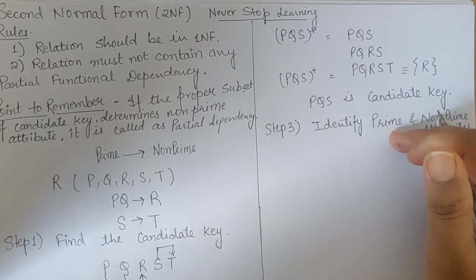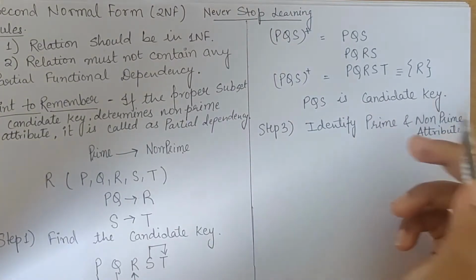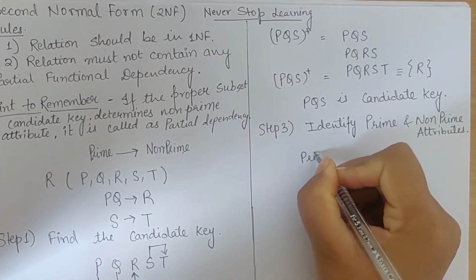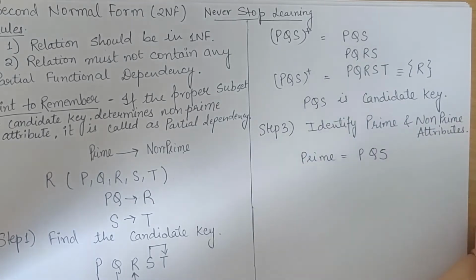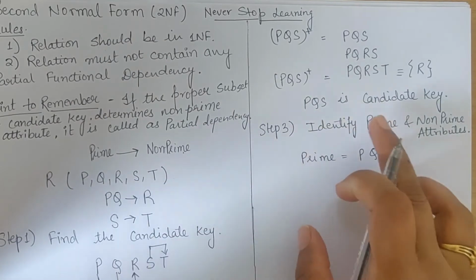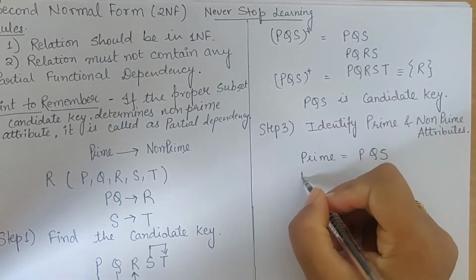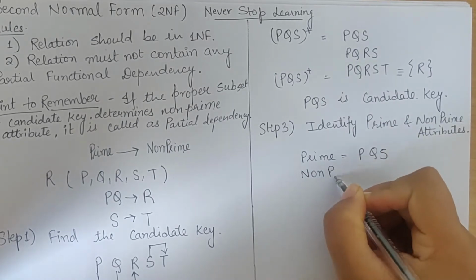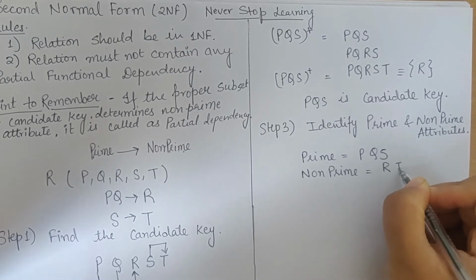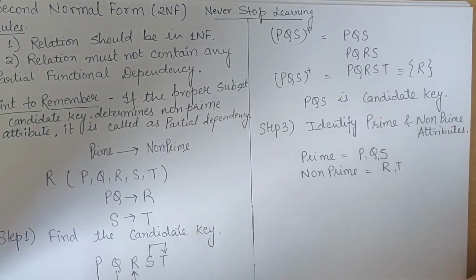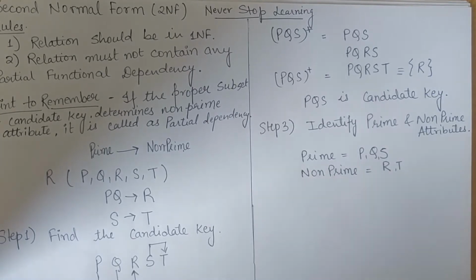Prime attributes are those attributes which are part of the candidate key. So here what is the candidate key? PQS. So the prime attributes will be P, Q and S. Non-prime, other than PQS, in the relation what do we have? R and T. So non-prime are those which are not part of the candidate key. So the non-prime attributes are R and T, right? So up till now I found out the prime and the non-prime attributes.